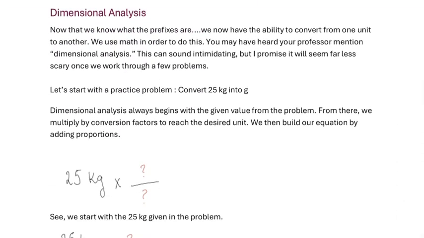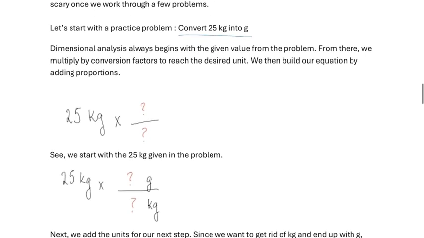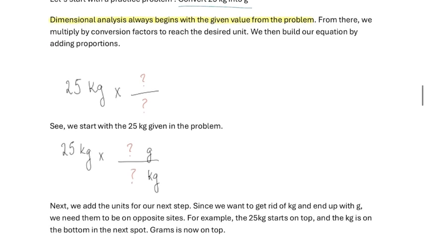Alright, what about dimensional analysis? Because this is a really difficult topic that a lot of people struggle with, and if this is you, you're definitely not alone. Really what we're doing here is we're just building. It's kind of like a puzzle where each step should serve to cancel out the units of the step previously. So if we have 25 kilograms and we want to get to a new set of units, the kilograms in that next step should be on the bottom.